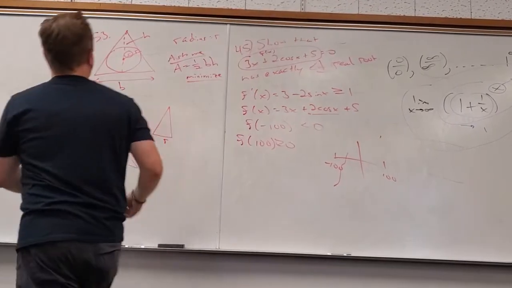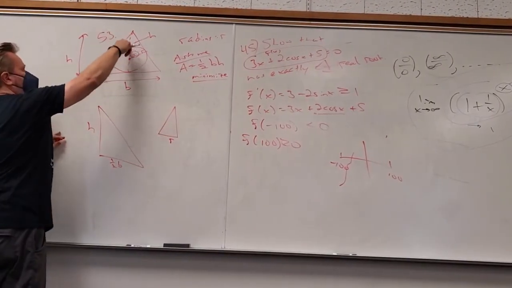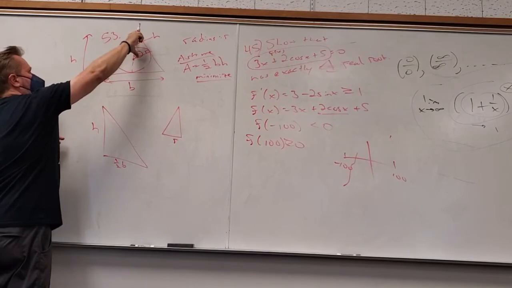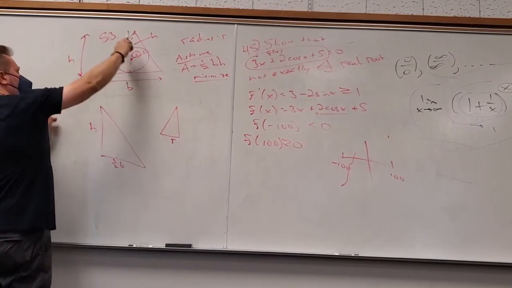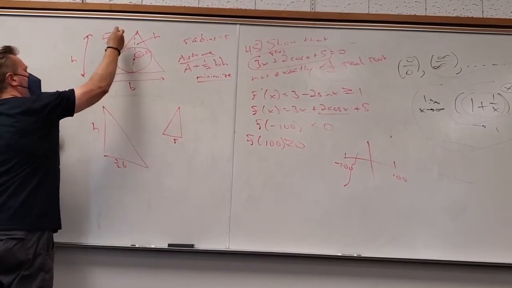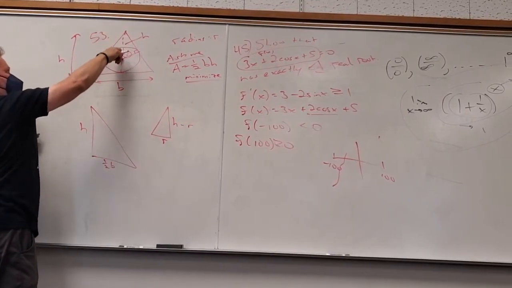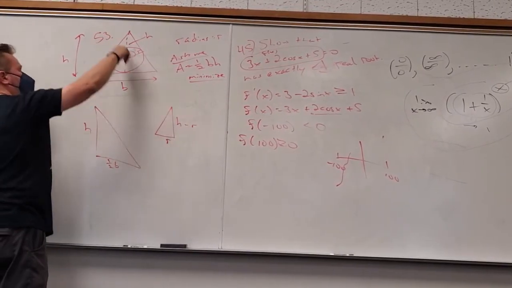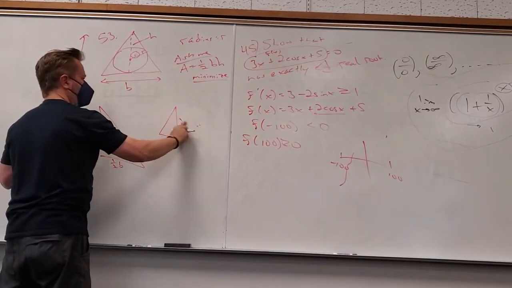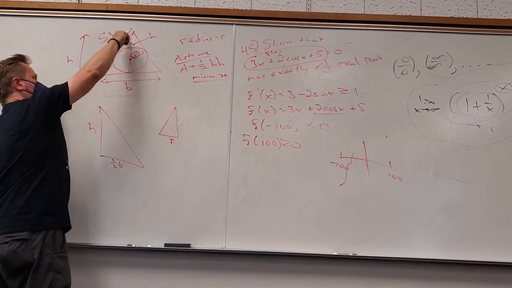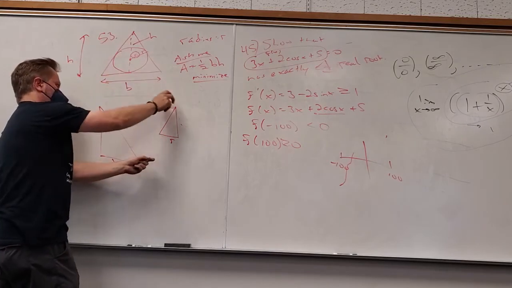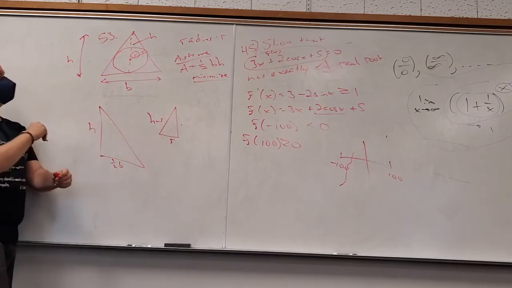So how long is this then? It's not quite H. It's H minus R. I'm sorry, put it in the right place. This here, which is this, there we go. H minus R.